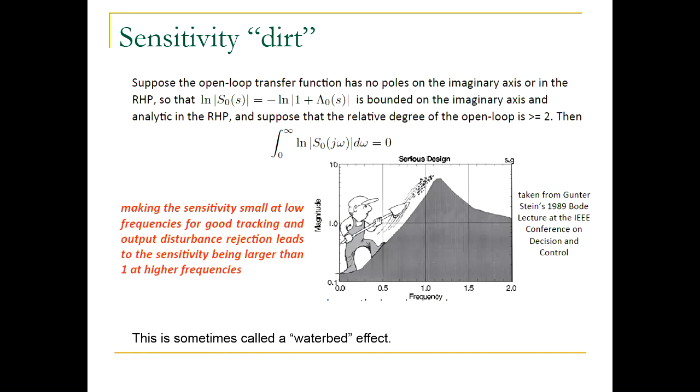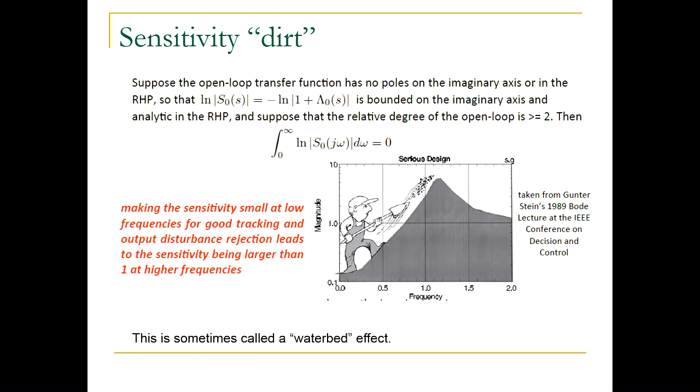So let me first explain what this picture says. If you are working hard to reduce the gain of the sensitivity transfer function at low frequencies, you will be piling up this gain somewhere else for a large class of systems. So why would you be reducing sensitivity gain here?